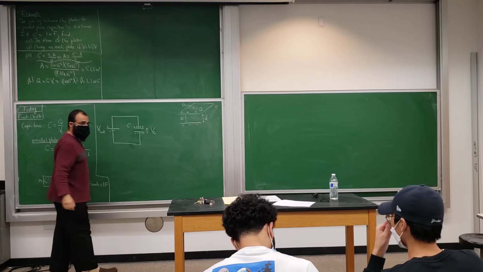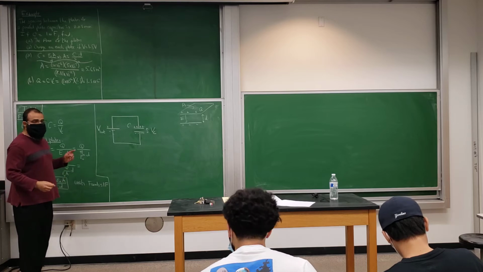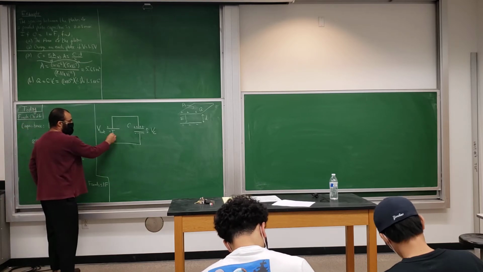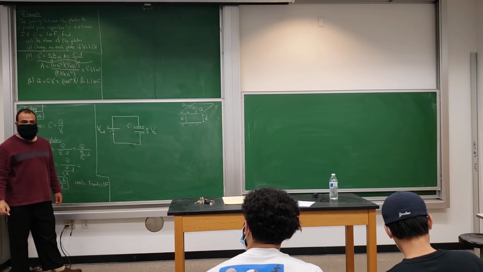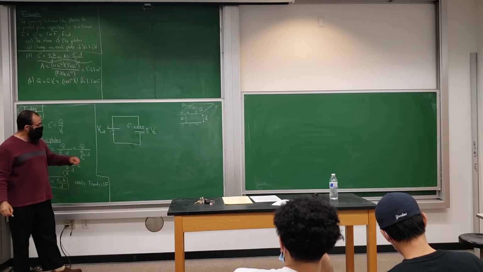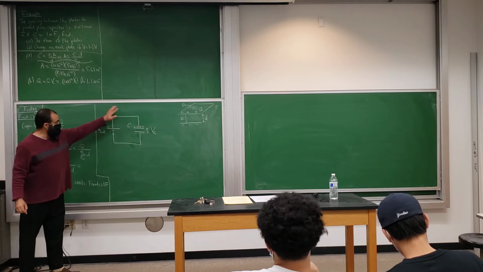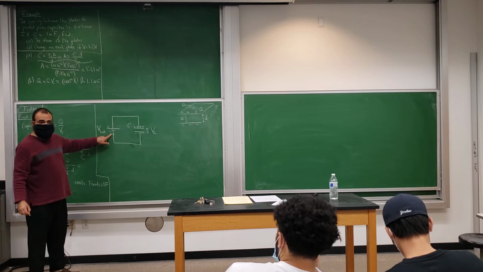So let's see what we get. Remember the following: what's the potential difference between one point and itself? Zero. Go back to the same point, the potential does not change. So let's start here. You can choose anywhere. I like to start right below the negative plate of the battery.